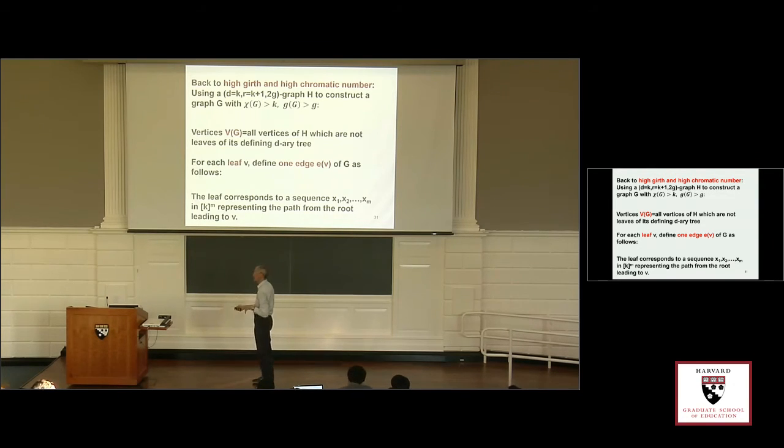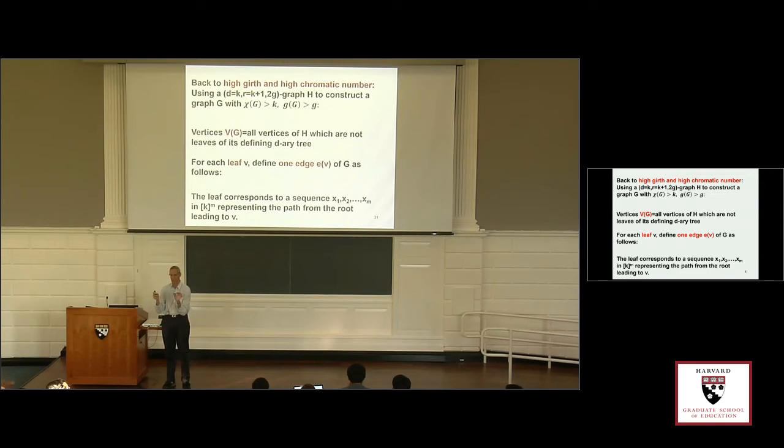We take one of these DRG graphs, where D is k, R is k plus 1, and G is 2G. The vertices of the graph will be all the vertices of the underlying tree besides the leaves. So it's simple to understand what the vertices are.